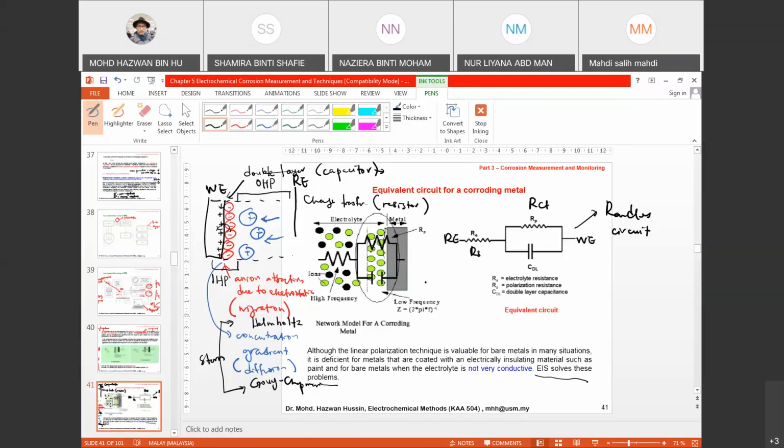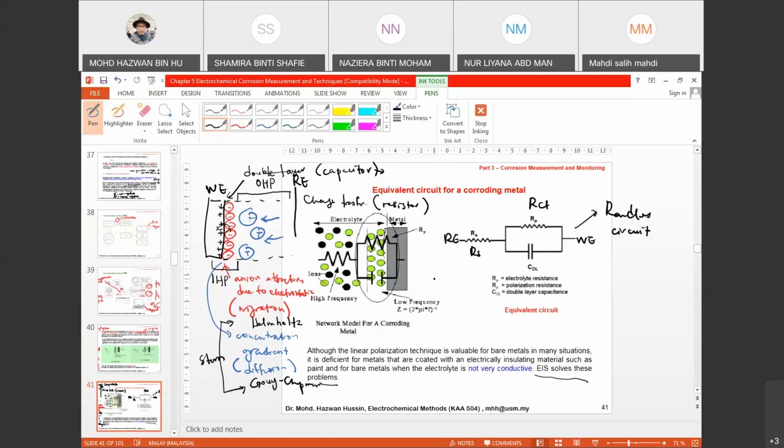When you do polarization methods, PD or LPR, you can see the oxidation process, reduction process, pitting and whatnot. But if you have a coated sample, normally EIS will be useful, such as electroplating or a sample that has been applied with paint or whatnot.